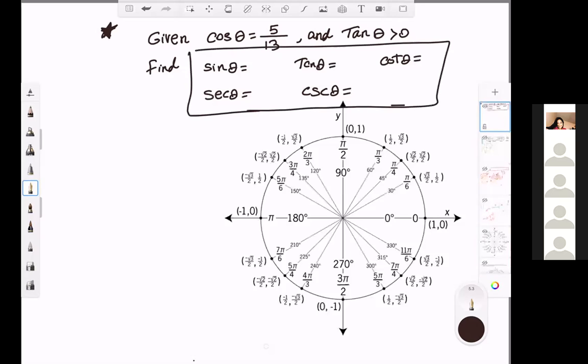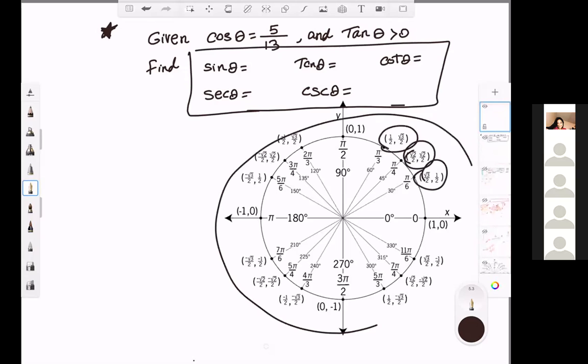Unfortunately, you don't see 5/13 in the unit circle, correct? It's not there. The previous two questions, we had 1 and 1/2, so it was something that you could click. So we could just refer it to any of those angles. But now we have no idea what 5/13 is.